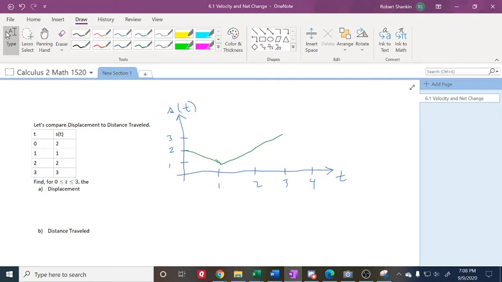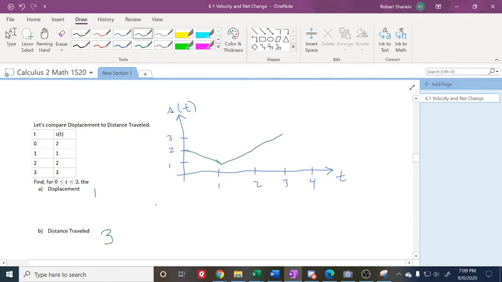All right, group 6. What do you have for the displacement and distance traveled? We got 1 displacement and 3 distance. So the displacement you said was 1, and the distance was, you said, 3. And tell me how you came up with this displacement of 1.